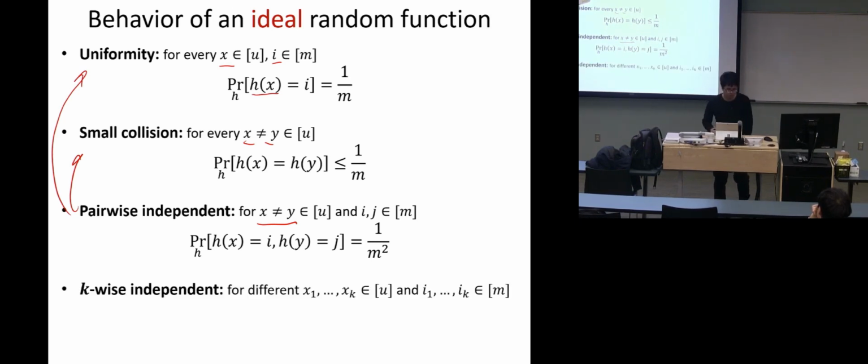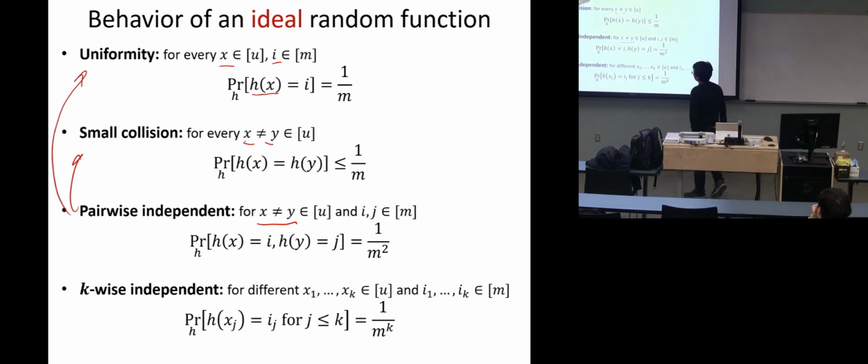But there is an even stronger one, which is k-wise independent. It says that, if instead of two keys you have k keys and k positions, the probability that x_j is mapped to the position i_j for each of these k keys is 1 over m to the k.